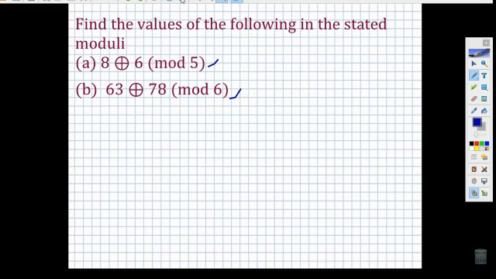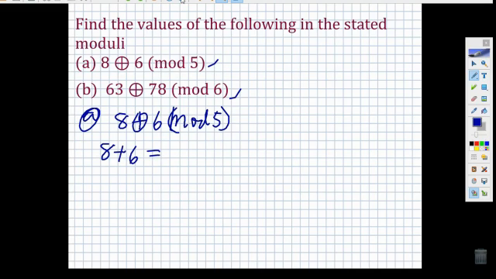To solve this problem, for A, 8 plus 6 modulo 5 simply means we have 8 plus 6, which gives us 14. So we are talking about 14 mod 5.